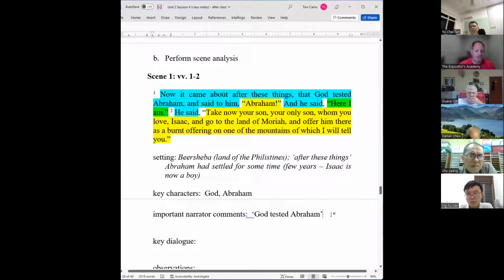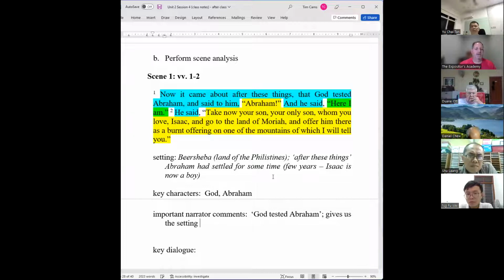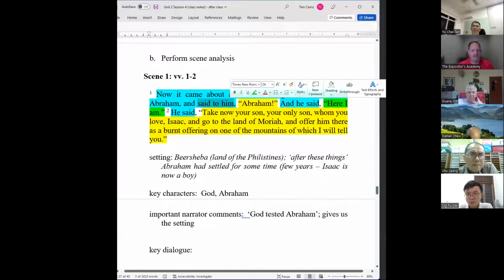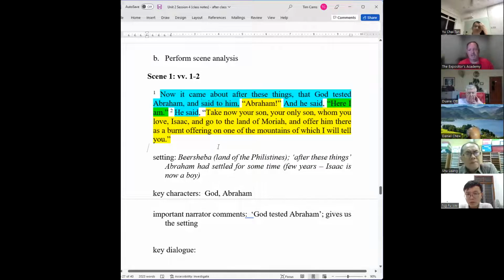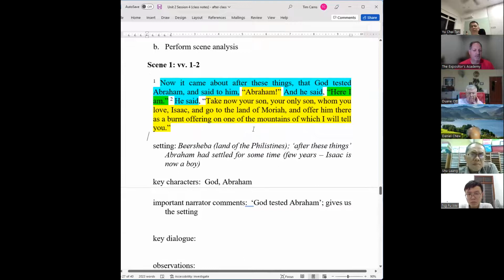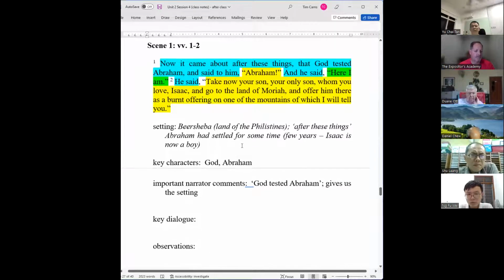You could also say the narrator gives us the setting, after these things. But I think God tested Abraham is a pretty significant statement indicating insight. The rest is just carrying the story along, but aren't what we would call significant comments.